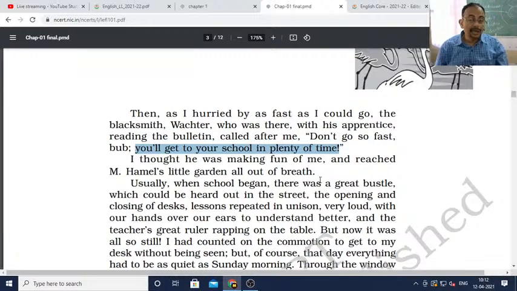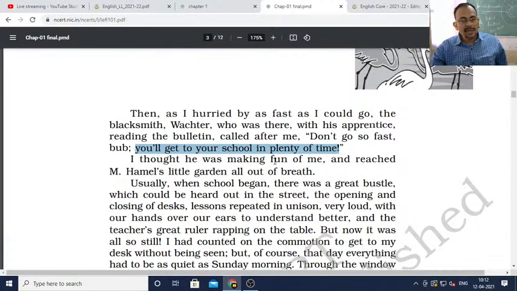It means that what will you do by going so fast to school, because now onwards German language will be taught in this school. Your French language won't be taught anymore. So what's the use of being in a hurry to go to school? You shall have plenty of time to go to school now. Okay, so it's a metaphorical statement.